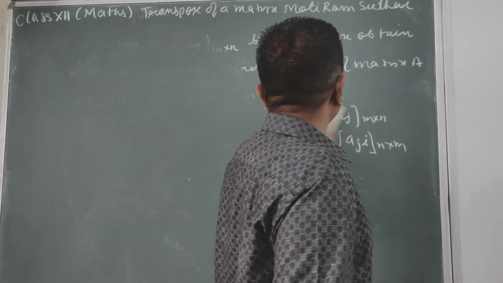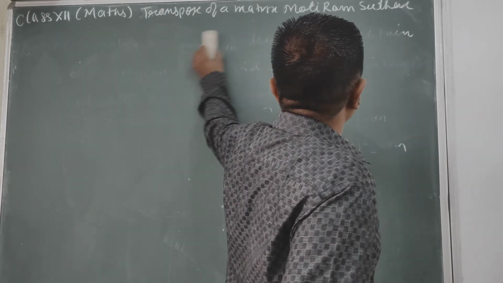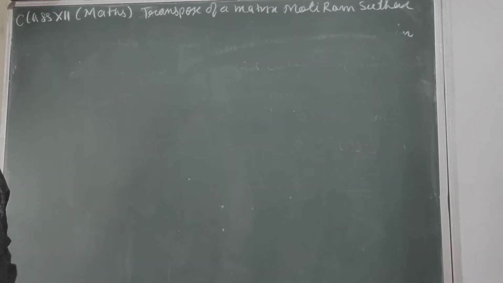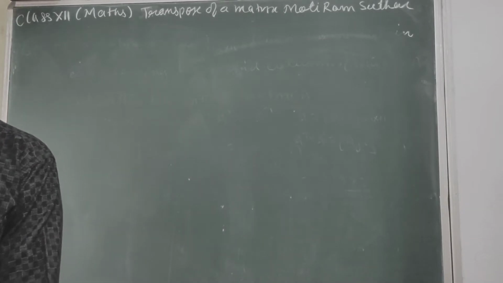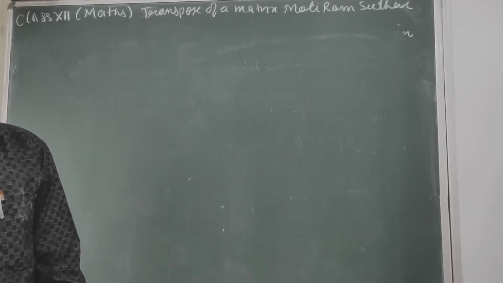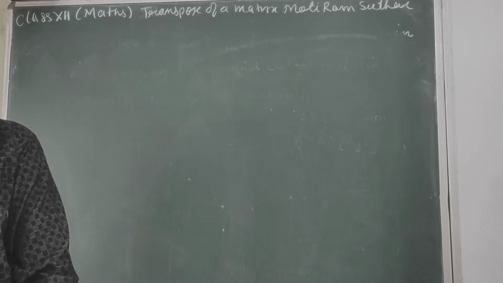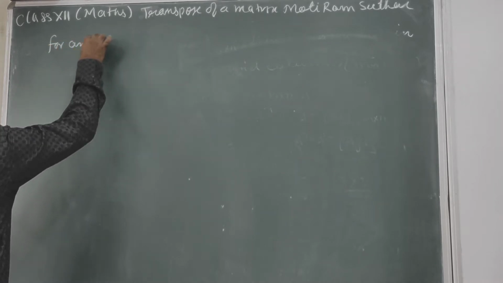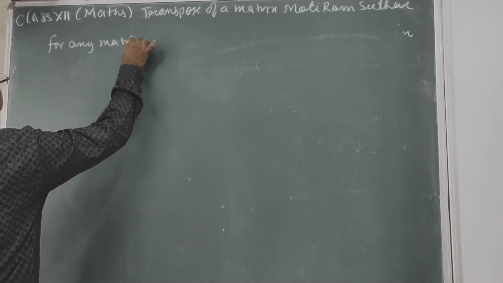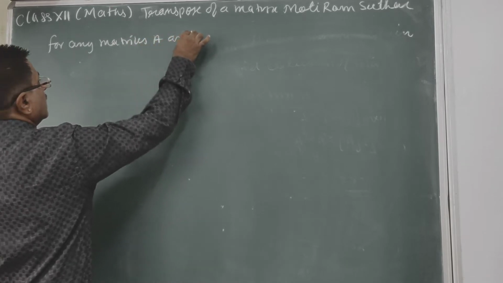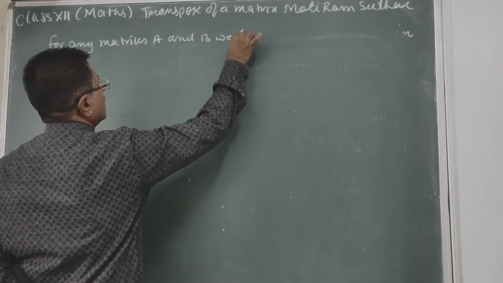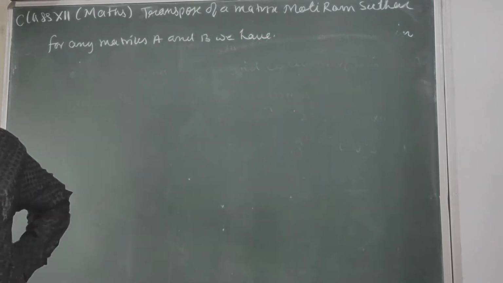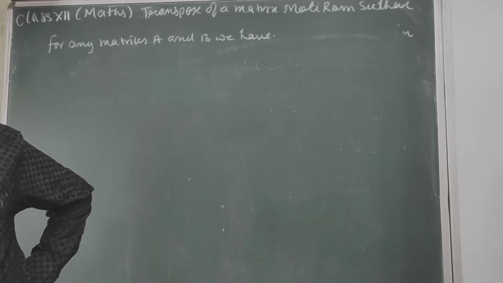What are the properties of the transpose of a matrix? So see here, for any matrices A and B, we have rules.